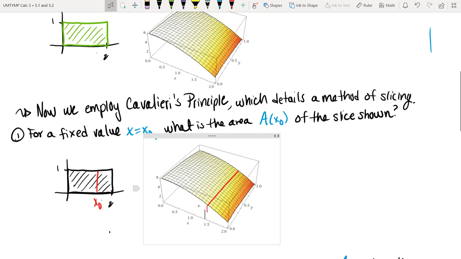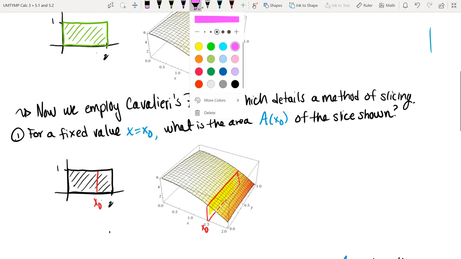Here's the slice, and it's going down and back, and then it would extend something like this. So it's this little slice in here, and that's x0.